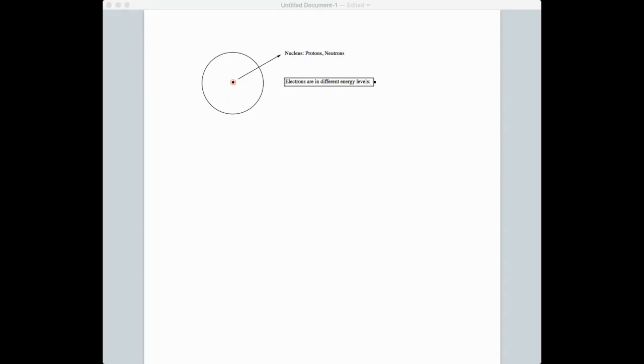We have different energy levels, level 1, 2, 3, and 4, right? And these energy levels are quantized, meaning that there is a certain number of energy, so it's not a continuous energy.